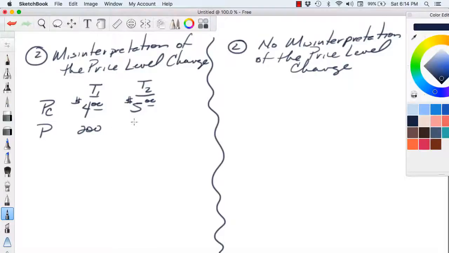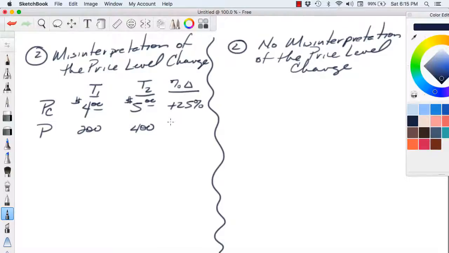So they think the price level has actually stayed constant. But in fact, it's really doubled. So in effect, the percentage change here is a 25% increase in the price of corn, but in effect there hasn't been a real increase.